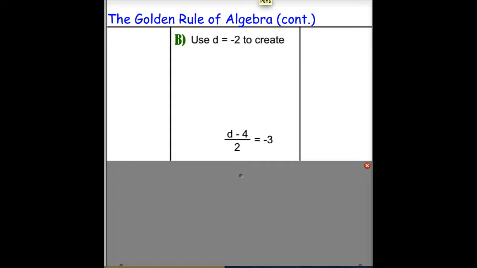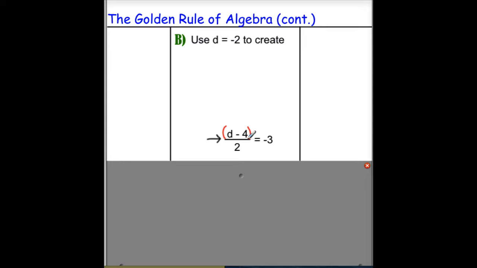However, when we use d equal to negative 2 to create d minus 4 all over 2 equal to negative 3, this giant fraction bar gives us the concept that there's really an invisible set of parentheses around the d minus 4. And as we know, we have to do what's in parentheses first.